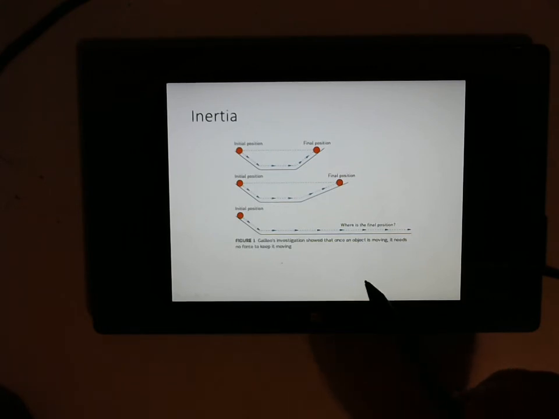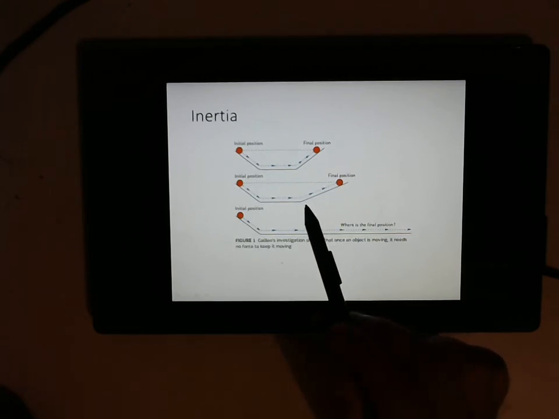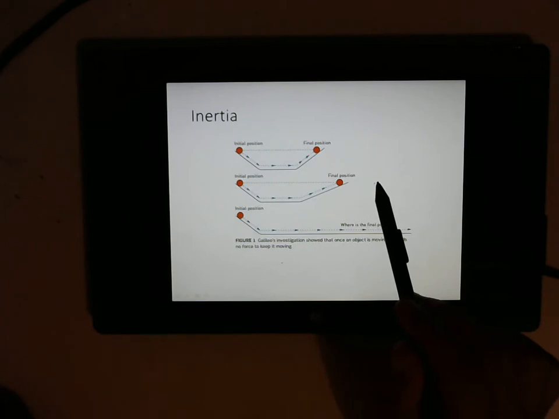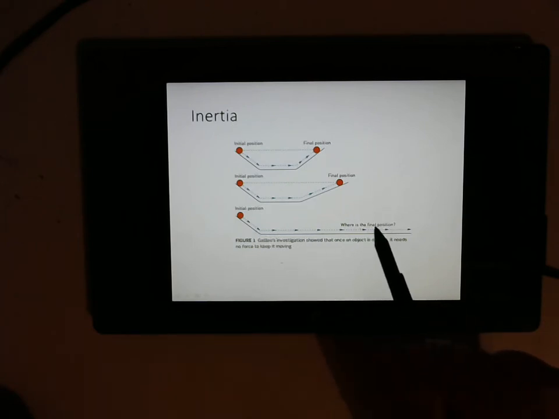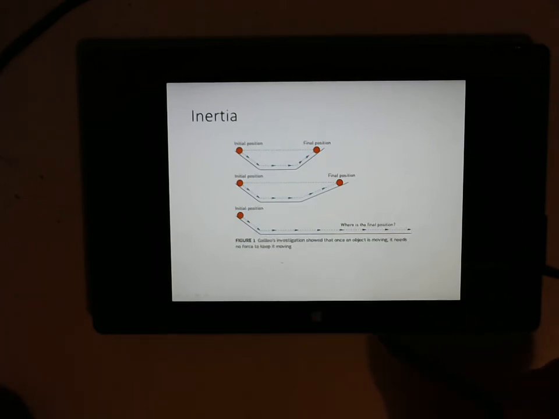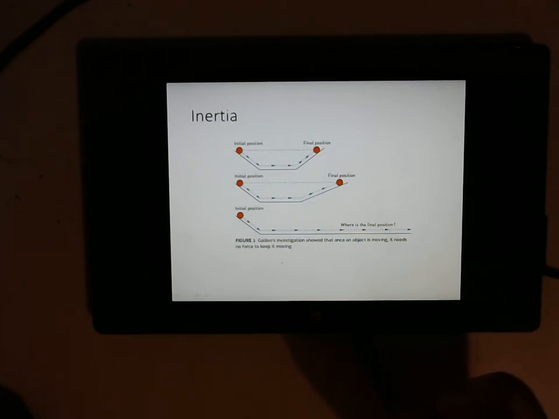And so he went with the idea, well, no matter how shallow I make it, it always comes back to the same height, so what if I made it flat? Where would it end up? And he wanted to show the idea that it would just keep going on forever. Right? Now, Galileo called this inertia, that things keep doing what they're already doing.